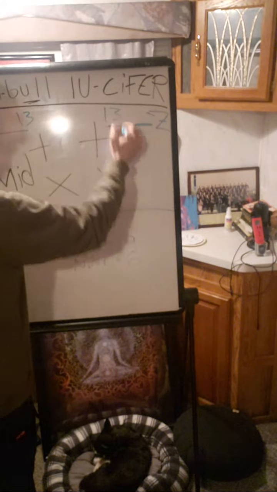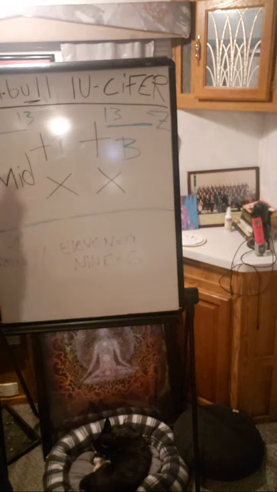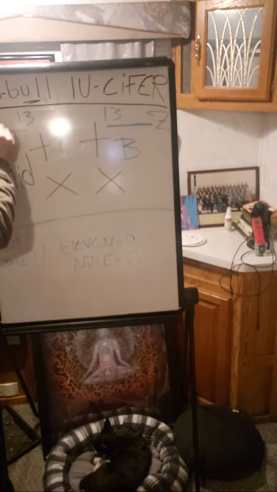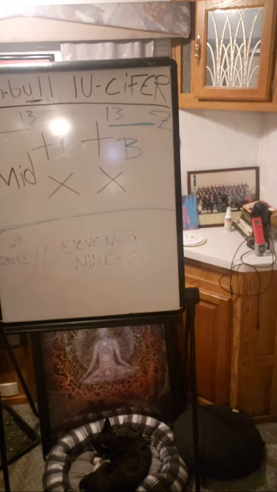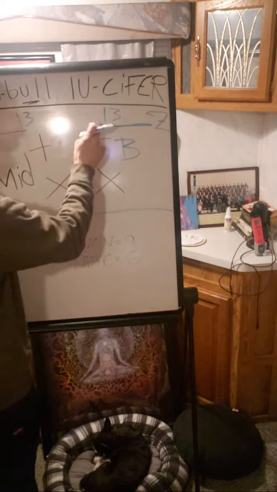Now we put the 13 together, we see the B, which is we're doing abracadabra, we're doing movement. We go from 1 to 2. We also see the 33.